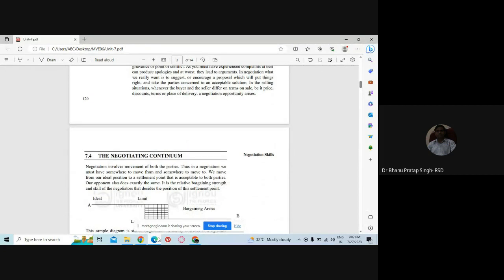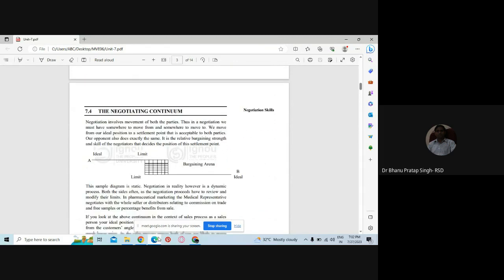The negotiating continuum is described through a graph. A is the ideal, then there are some limitations, and B is the purchaser or consumer or customer. Then what are the limits?